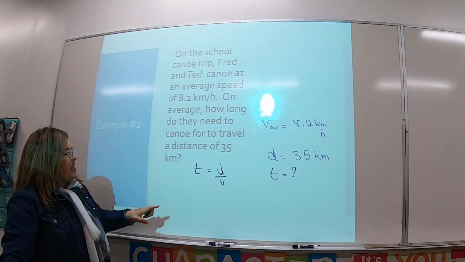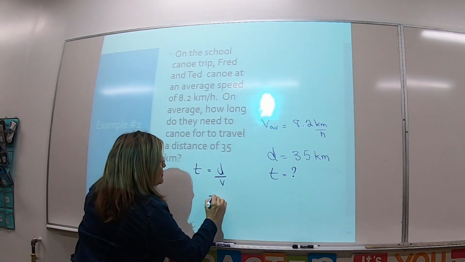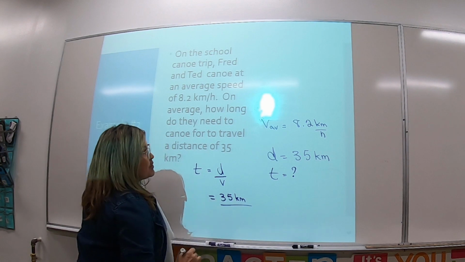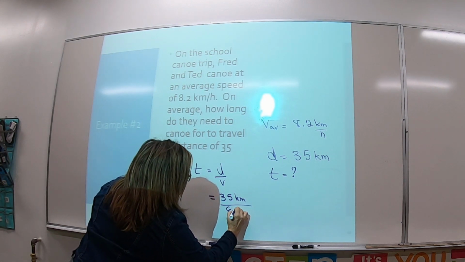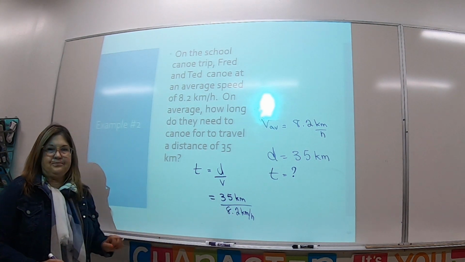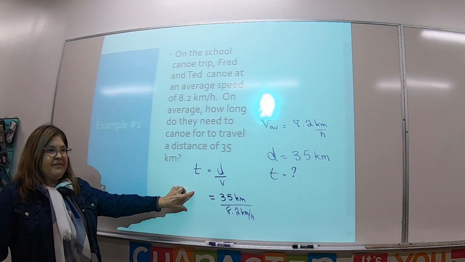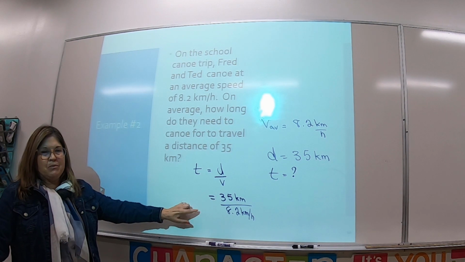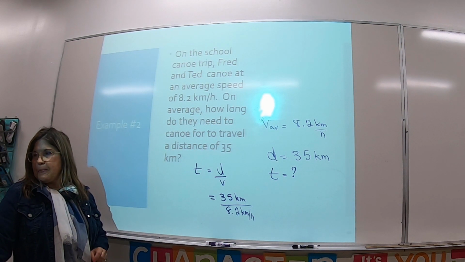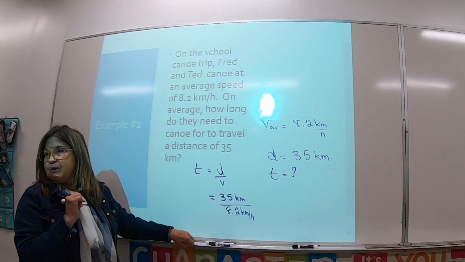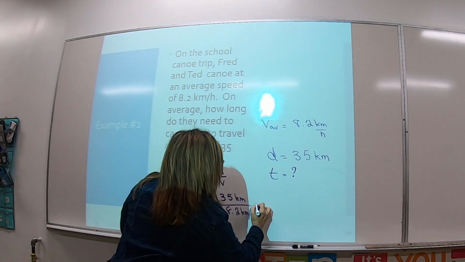Let's see. Distance, I know, is 35 kilometers. Speed is 8.2 kilometers per hour. Take 35, divide it by 8.2, and what do we get?